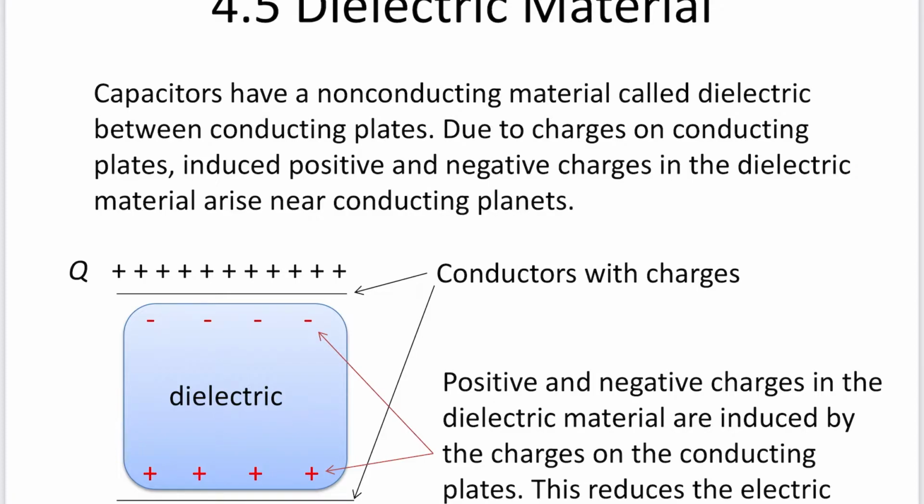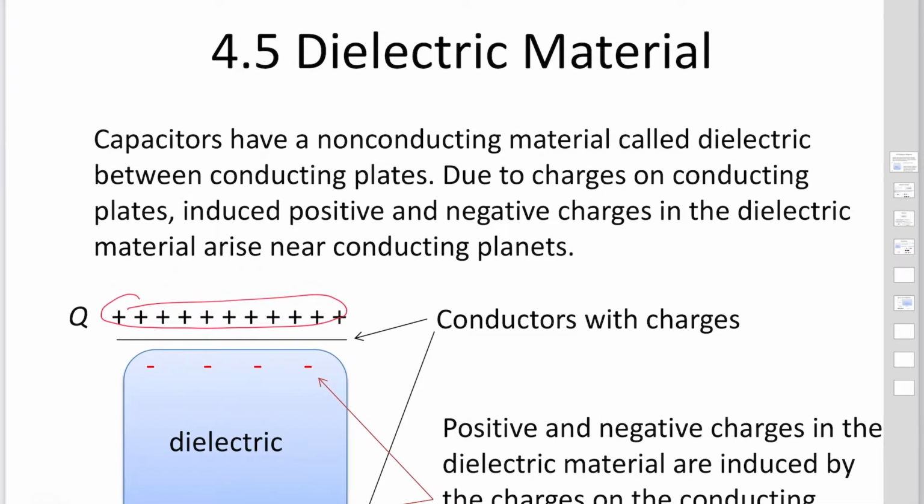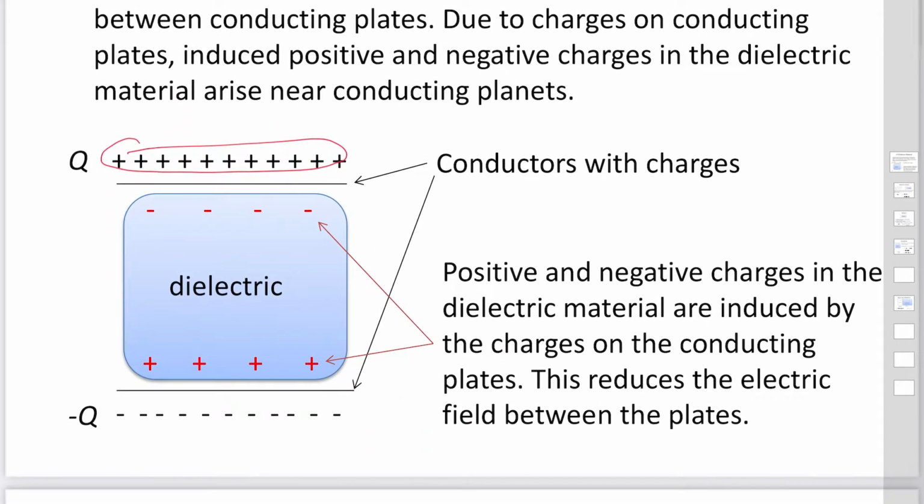So the capacitor has a positive charge in the upper plate and a negative charge in the lower plate. Because of this positive charge, negative charge is induced in the upper side of the dielectric.